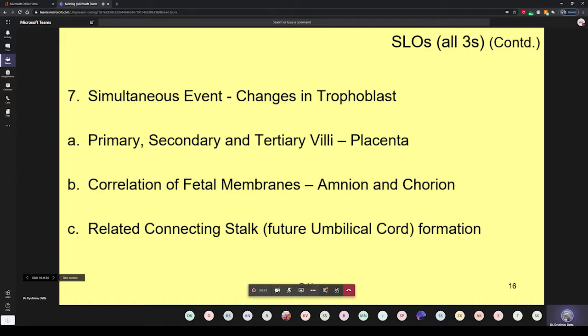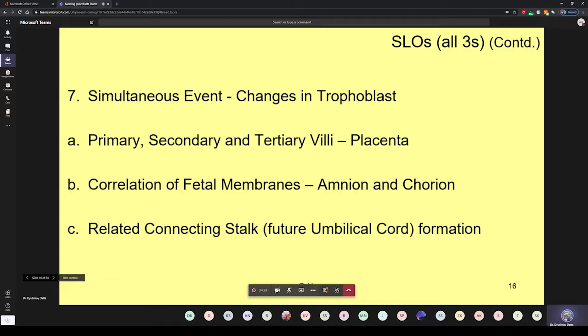Simultaneously, certain other things are also developing. You must keep in mind that whatever changes are happening in the trophoblast are also happening simultaneously for the formation of membranes.